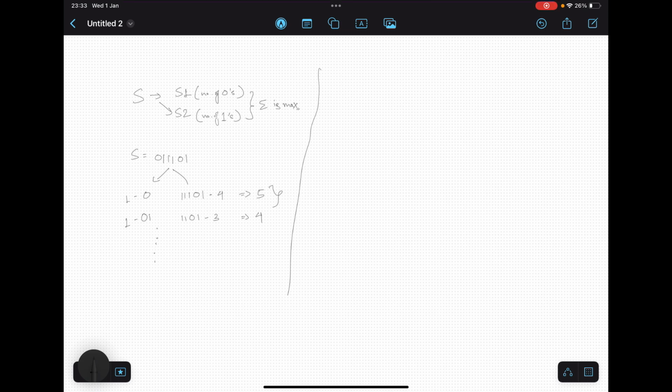So what we can do is take the prefix sum of 0 from left to right, and we'll take the prefix sum of 1 from right to left.